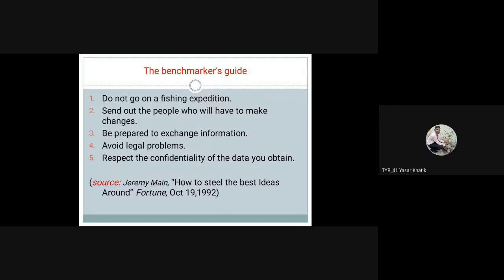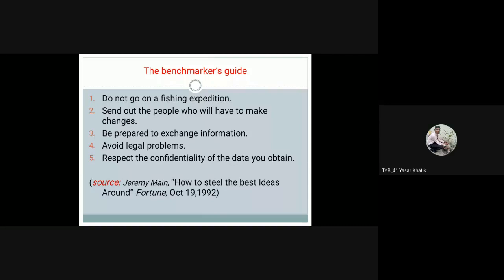So for that there is a benchmark guide. Same like when we are selling one of our products, along with that product we send one manual guide. In that manual guide we provide each and every detail regarding that product, so that it will be easy for the customer who is going to use that product. Once they refer to that manual, he or she will understand in a better way.